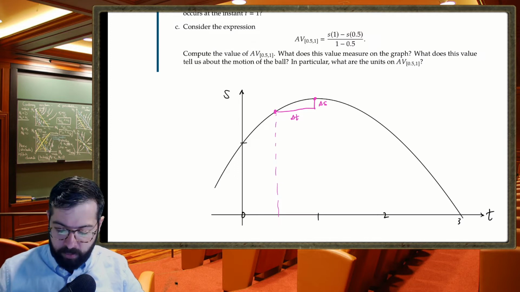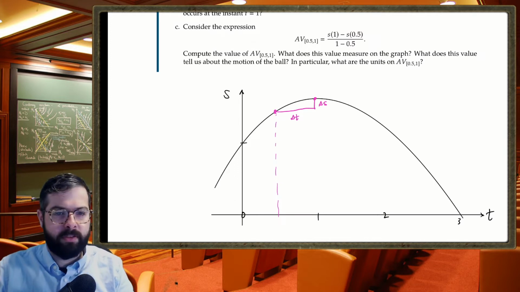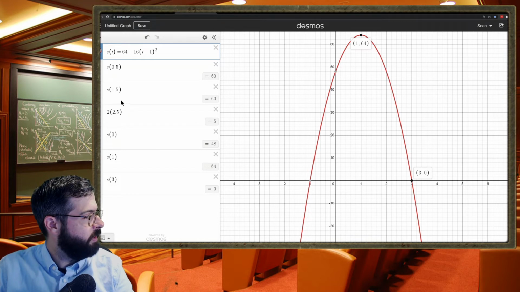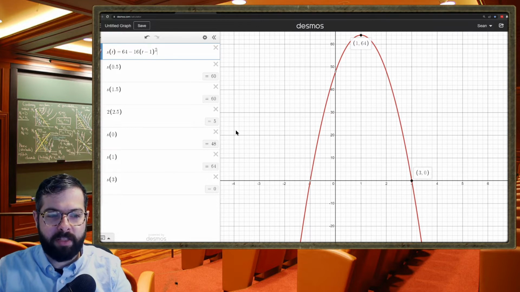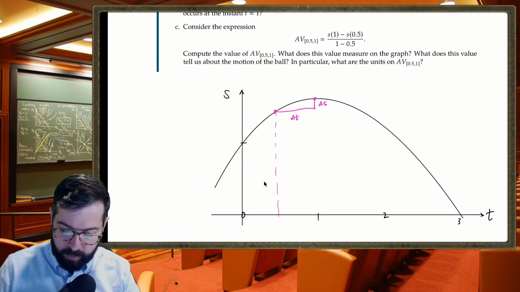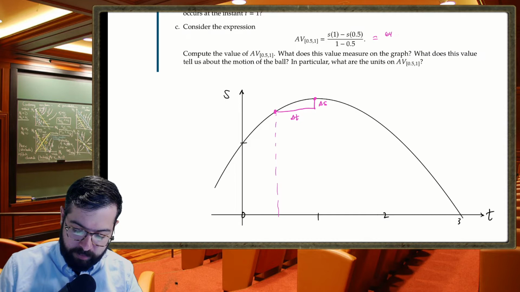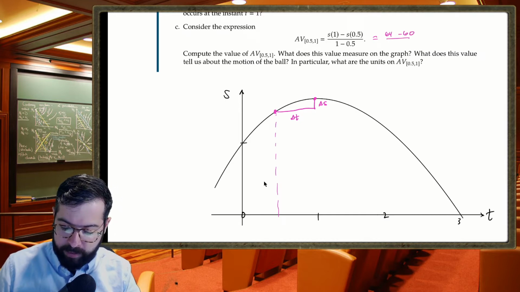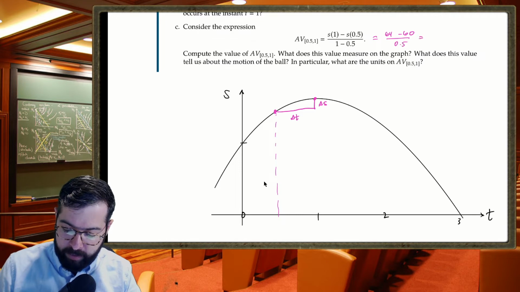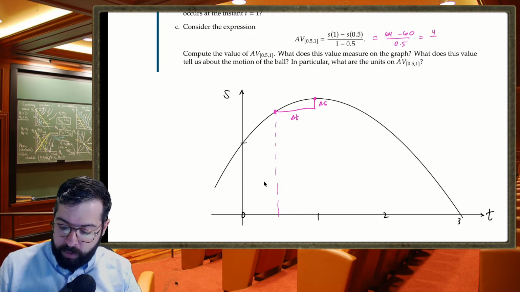Okay. So if we go ahead and calculate this, S of 1 minus S of 0.5, that'd be 64 minus 60. I'm just grabbing these off this table here. So this would be 64 minus 60, S of 1 minus S of 0.5, over 1 minus 0.5 is 0.5, which is 4 over 0.5, which is 8.